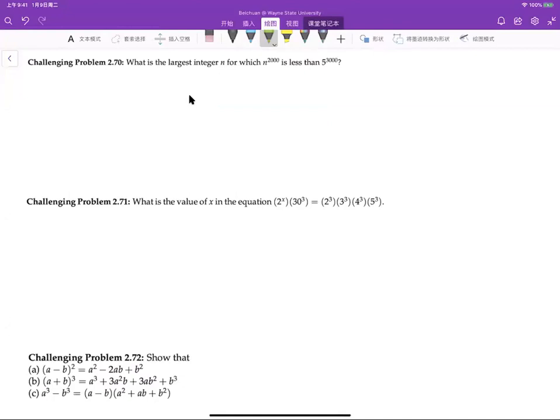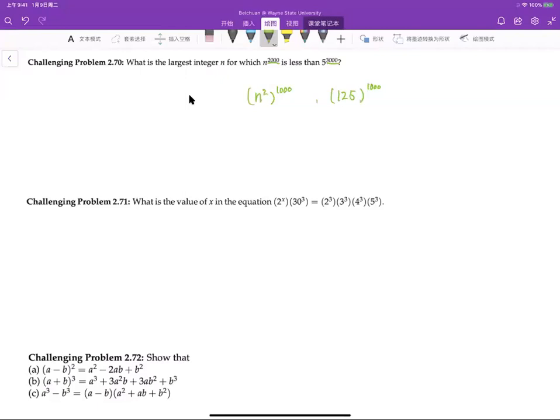Because in this case, we can rewrite the first term as n squared to the 1,000 exponent. And then we rewrite the second number as 5 cubed to the 1,000 exponent, right? So this is what we can do.